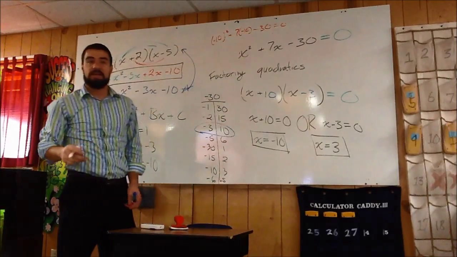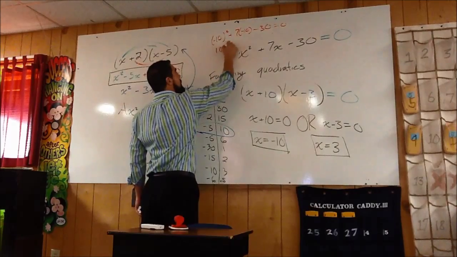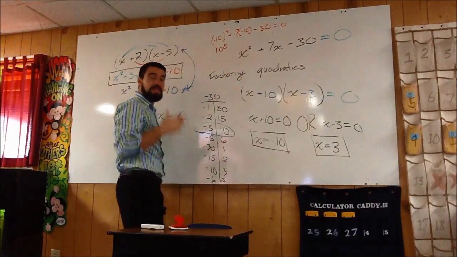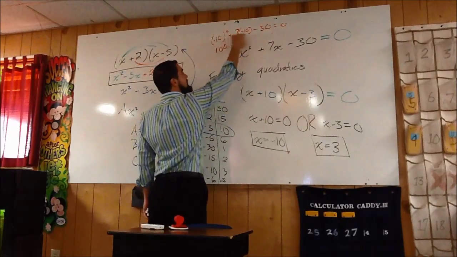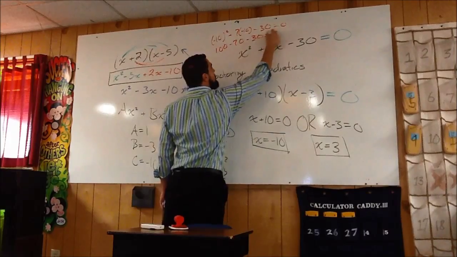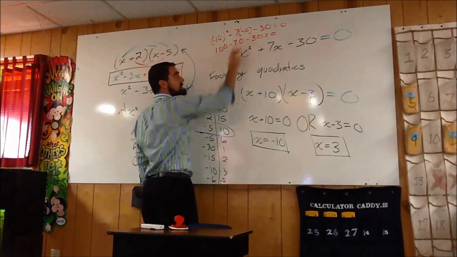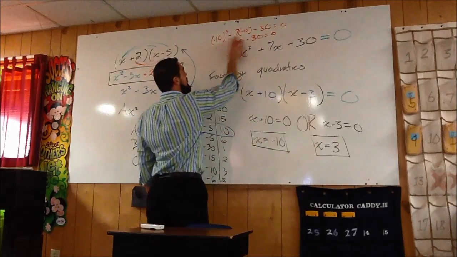What's negative 10 squared? Positive 100, because a negative 10 times a negative 10 is a positive 100. And then I have a 7 times a negative 10, that gives me negative 70. And then I'm subtracting 30. Does 100 minus 70 minus 30 equal 0? Yes. So I know that I did that part correct.